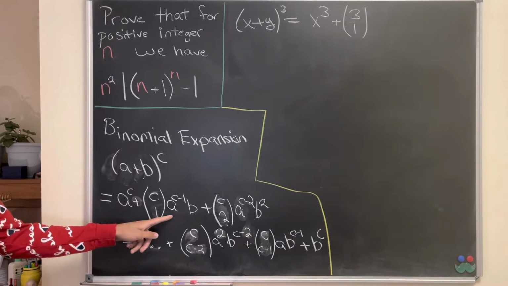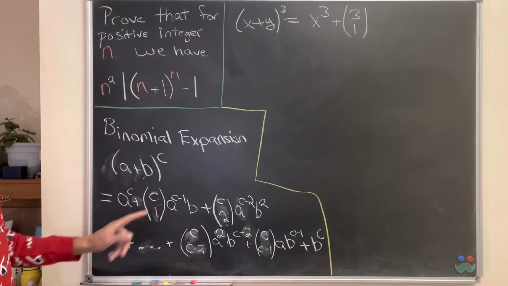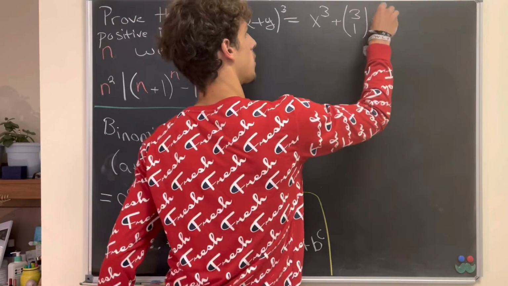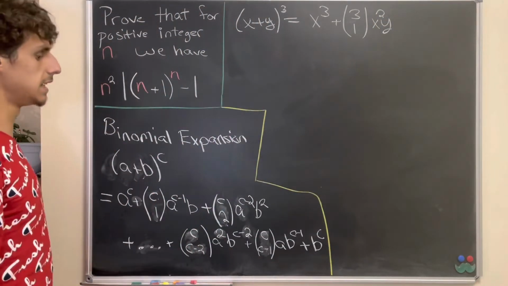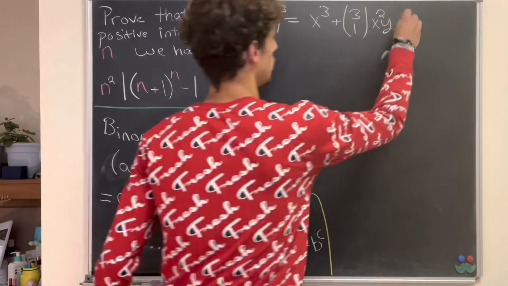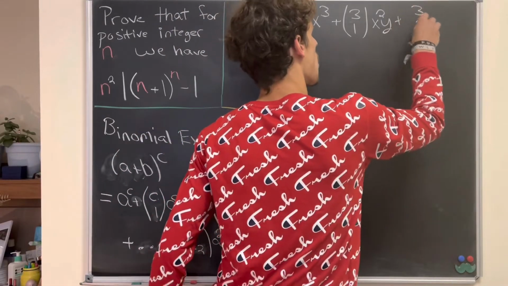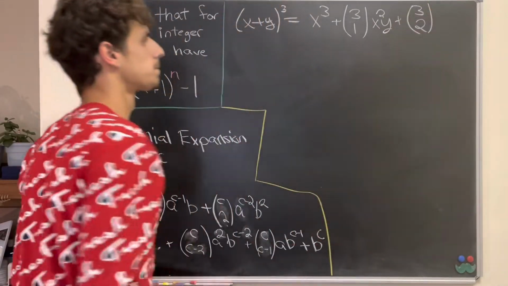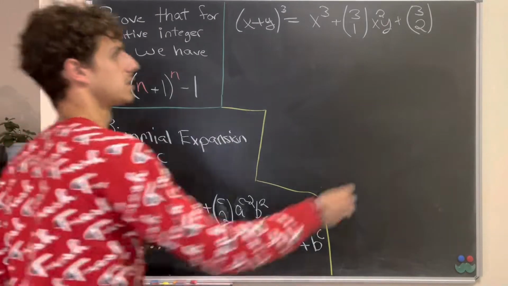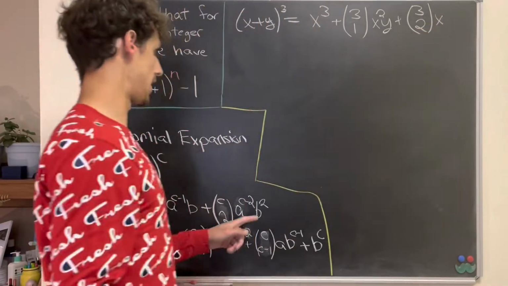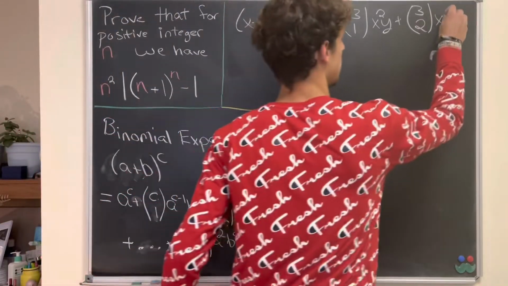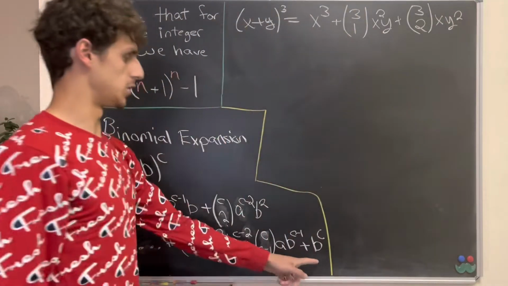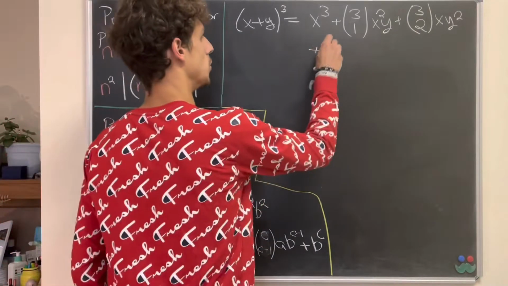And then we'll have a, that's our x, to the c minus 1, so that'll be x squared times b, but our b is y, plus c choose 2, so that's 3 choose 2. And then we'll have x to the 3 minus 2, so c minus 2, so that's 1. And then y squared. And then we're done, so our last term is y cubed.